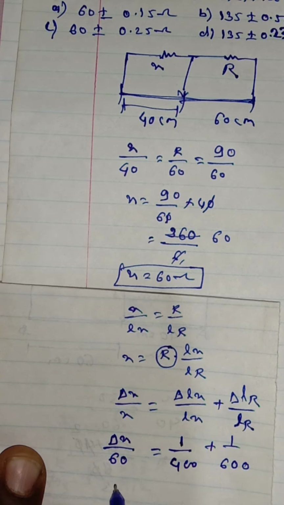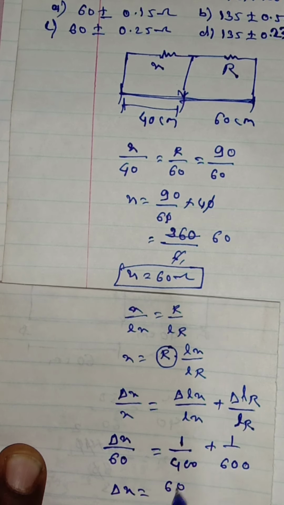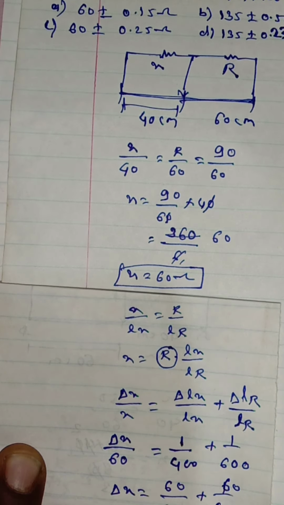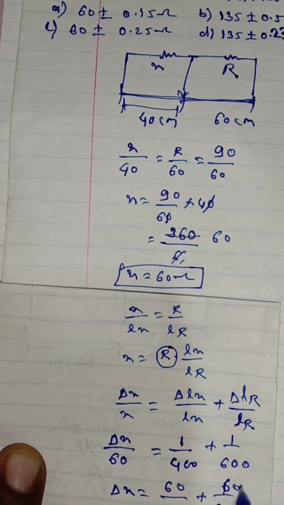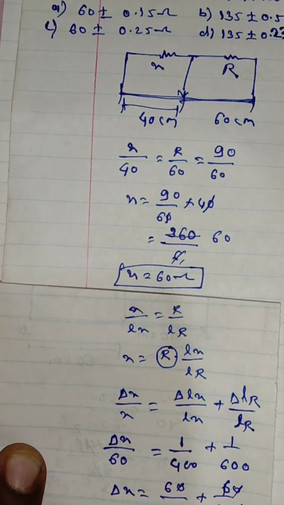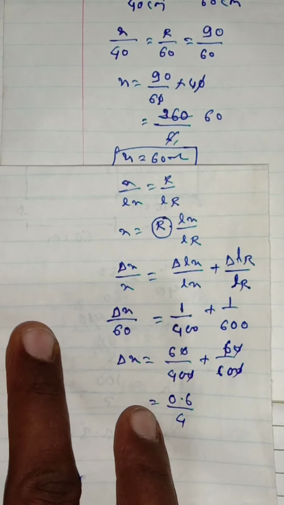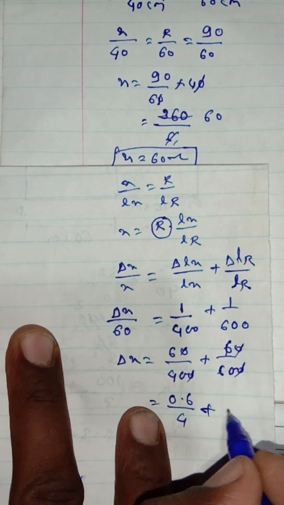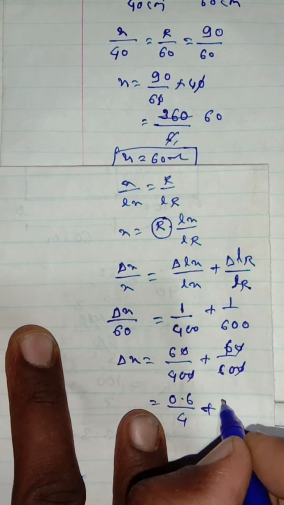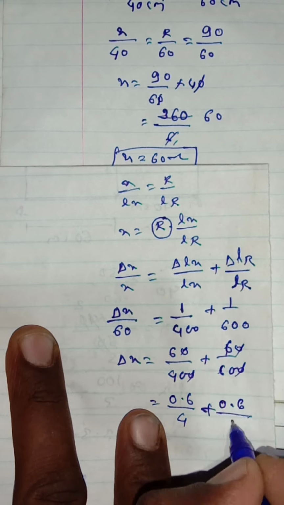Okay, we want to find the value of delta x. Then delta x is equal to 60 divided by 400 plus 1 divided by 60 divided by 600. Zeros get cancelled. Okay, dividing by 10, 0.6 divided by 4 plus dividing by 10, here I can write 0.6 divided by 6.